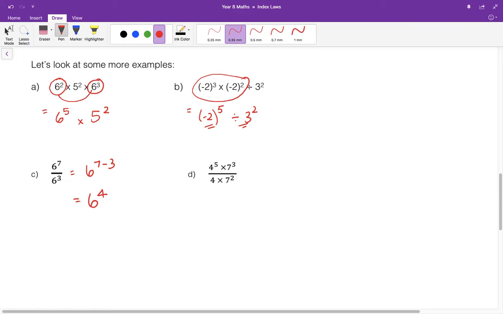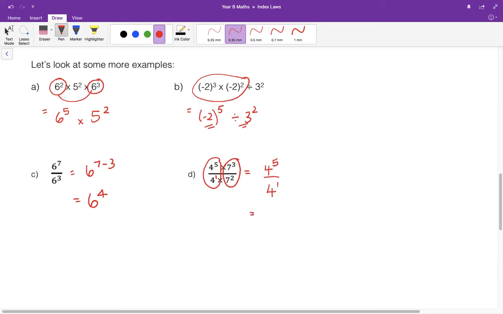And in my last example, we've got 4 to the power of 5 times 7 to the power of 3, all divided by 4 to the power of 1 times 7 to the power of 2. So here, because I'm multiplying, I can just group the bases that are the same and deal with them separately. So 4 to the power of 5 divided by 4 to the power of 1.